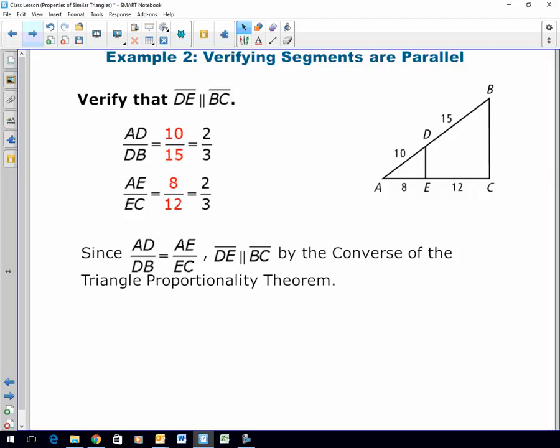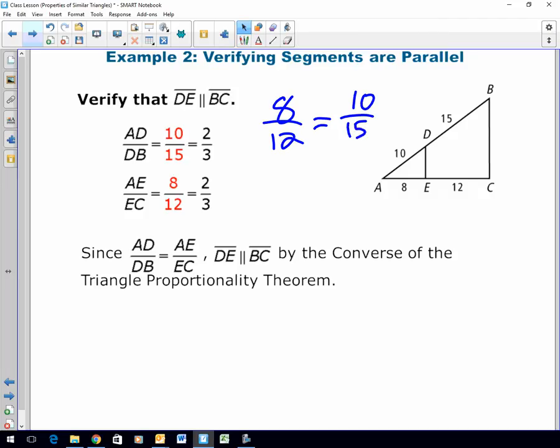If these sides, AE over EC and AD over DB, are proportional to each other, then DE is parallel to BC. 8 over 12 should be equal to 10 over 15.